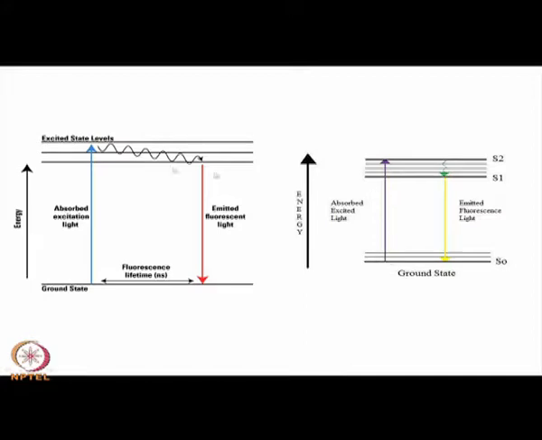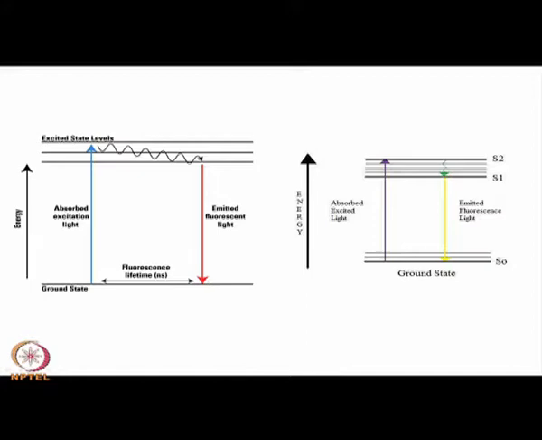Okay, here it is also shown in a similar way, emitted fluorescence light, and this is the absorbed excitation light. So, energy is increasing this way, and of course this is your ground state. Okay, and you see that here, if this is singlet and this is singlet, singlet to singlet spin multiplicity is maintained, therefore the emitted light is fluorescence.